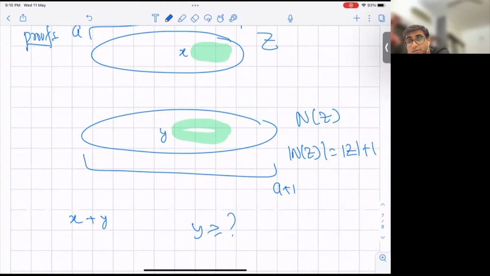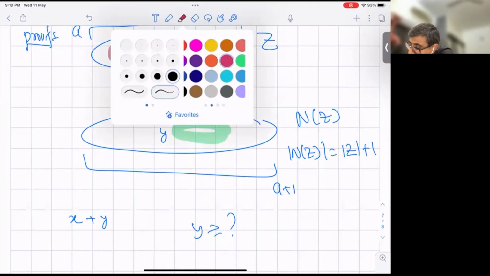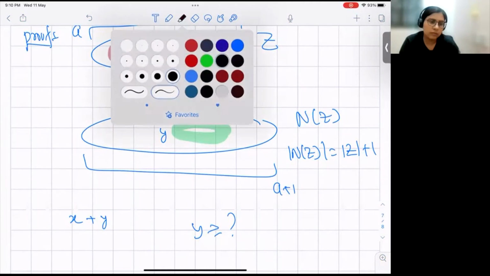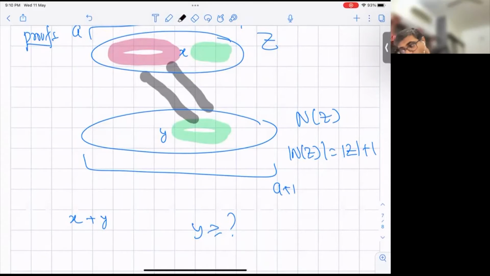Why? Look at this set of vertices that you did not pick. You have to pick all its neighbors, right? If you did not pick some set of vertices, you have to pick all its neighbors. Where are its neighbors? And what is the size of the neighborhood of this pink set?